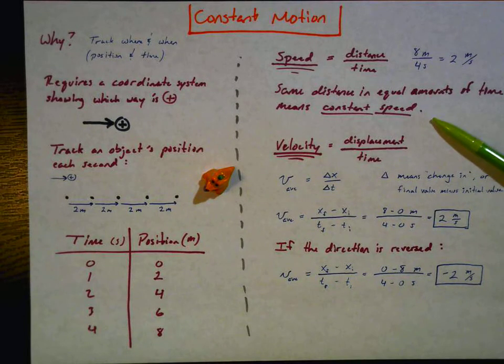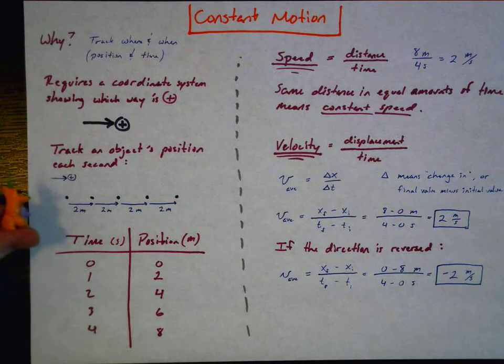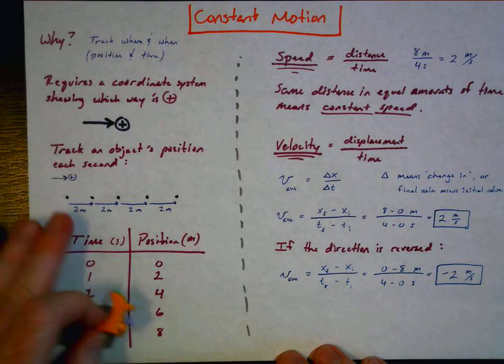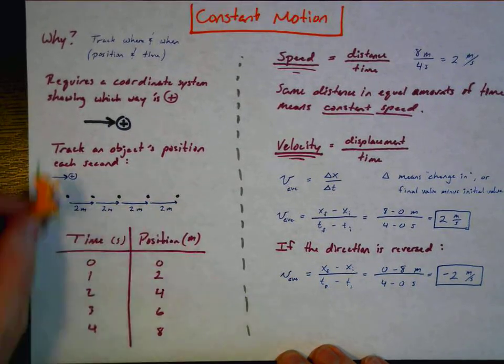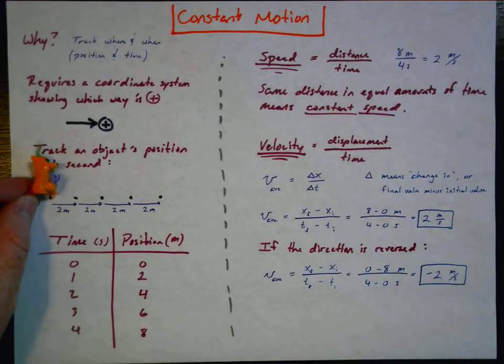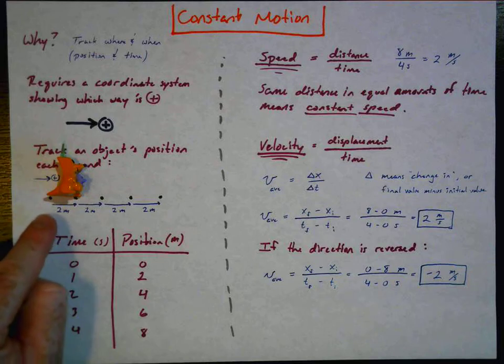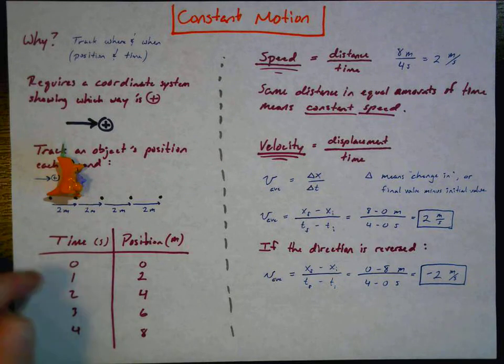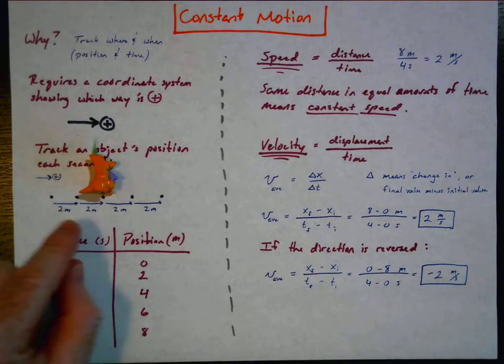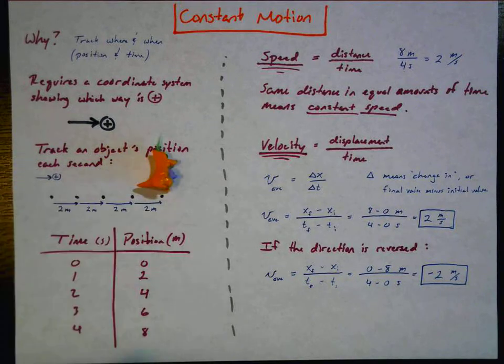It's important to understand, because we're dealing with constant motion, that the same distance in equal amounts of time means constant speed. The speed is constant, unchanging. We can clearly see that the dots are equally spaced apart. In that 1 second she traveled 2 meters, so 2 meters per second, and the speed is constant.